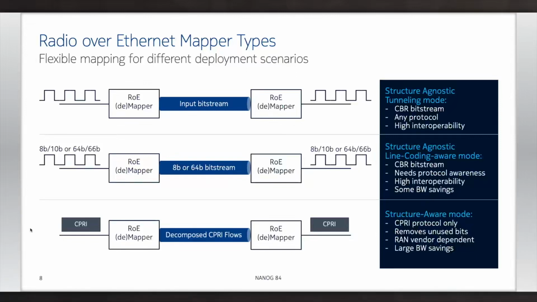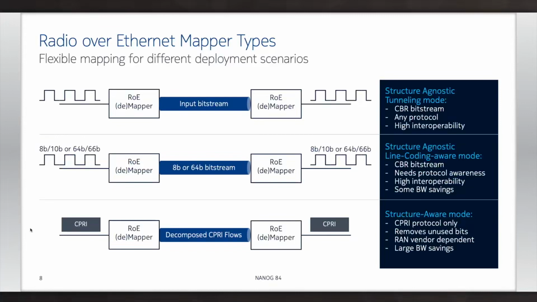Obviously, because we're doing all that decomposition and optimization, it saves us a whole lot more bandwidth. But again, we can only do it if we fully understand the CPRI implementation. So this is vendor-specific and tied to the radio implementation. You need to match that CPRI ROE implementation with the specific radio that we're working with.